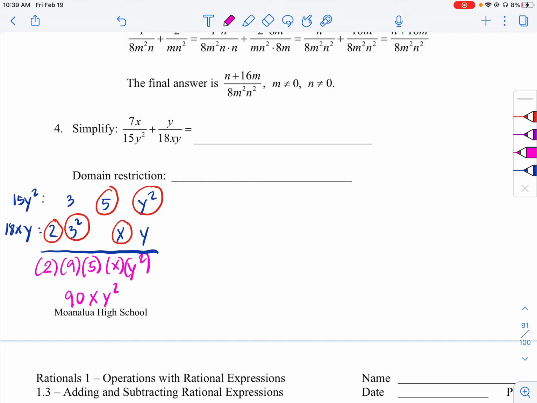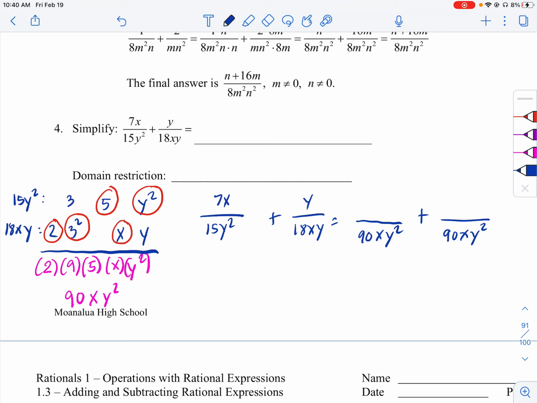That makes sense? So let us write our problem here again. 7x over 15y squared plus y over 18xy equals, this is a plus in the middle, 90xy squared, 90xy squared. Okay.